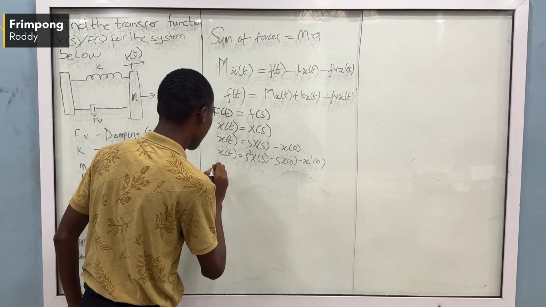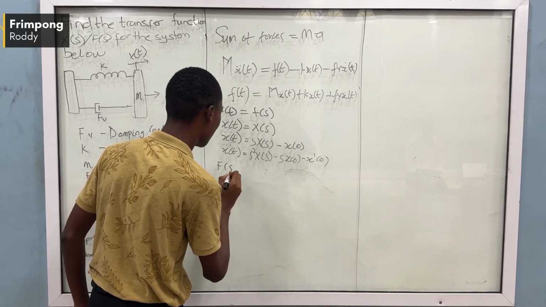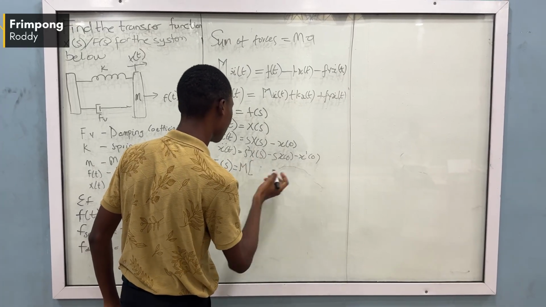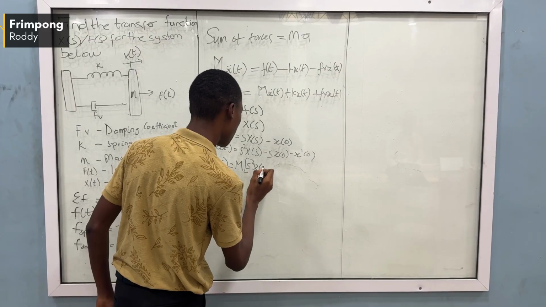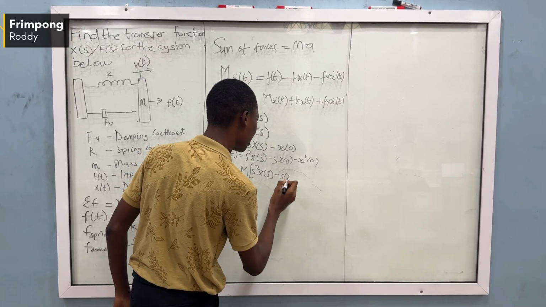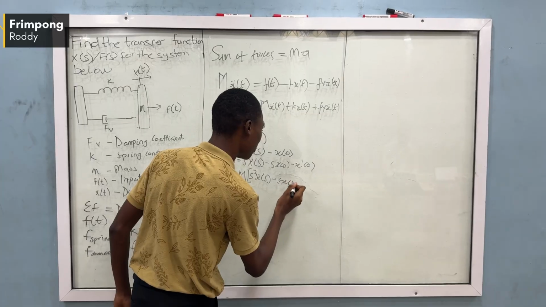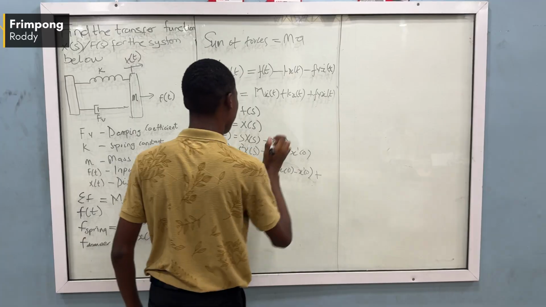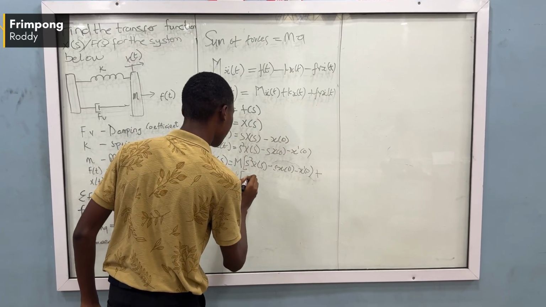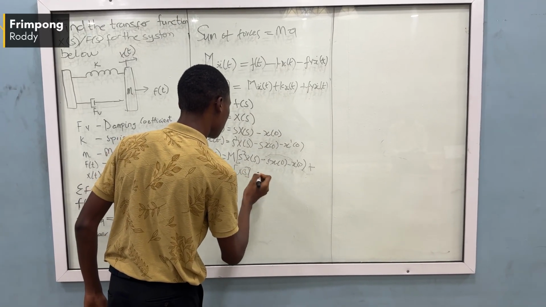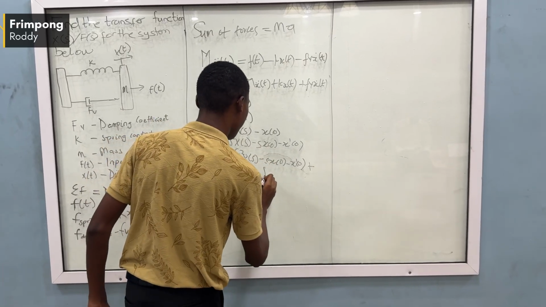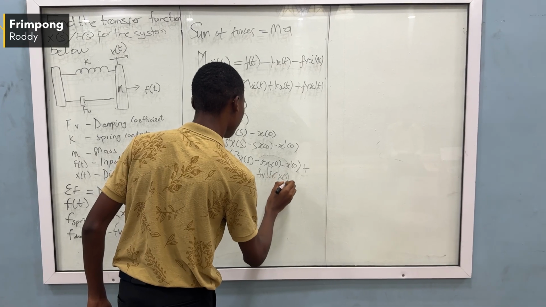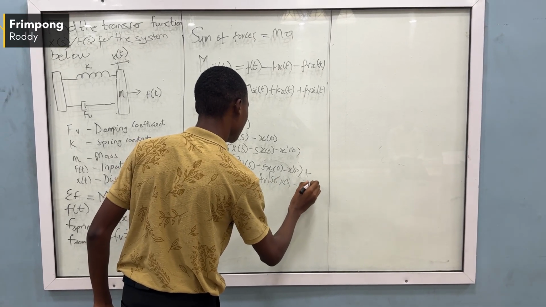So f of t will become F(s). Then we have the mass times this expression, s squared X(s) minus s x(0) minus x prime(0), plus k times X(s), plus Fv times (s X(s) minus x(0)).